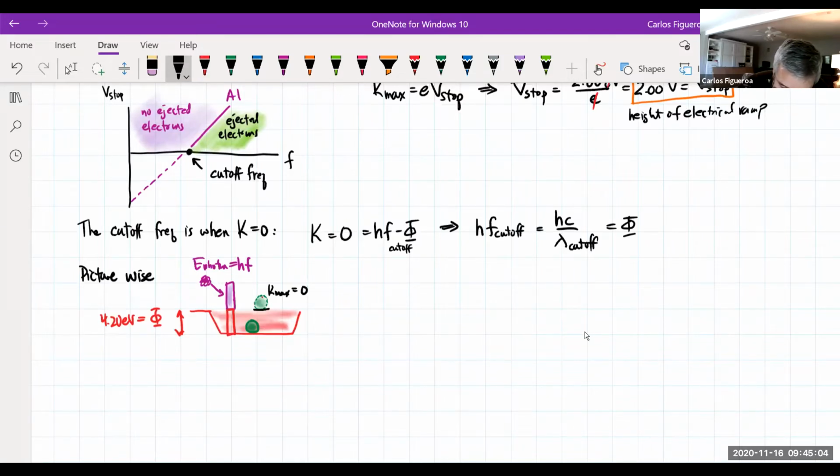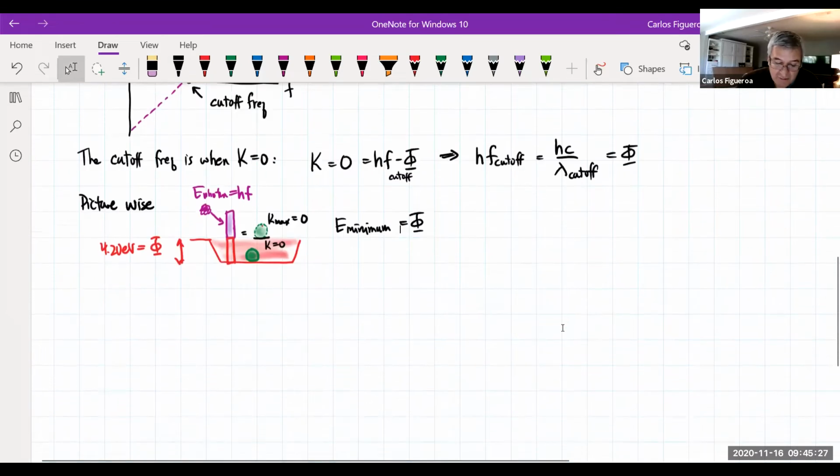Therefore, at this point here, K has to be equal to 0. And so what this tells you then is this is the minimum energy, this scenario right there. So picture-wise, that's what that means here.